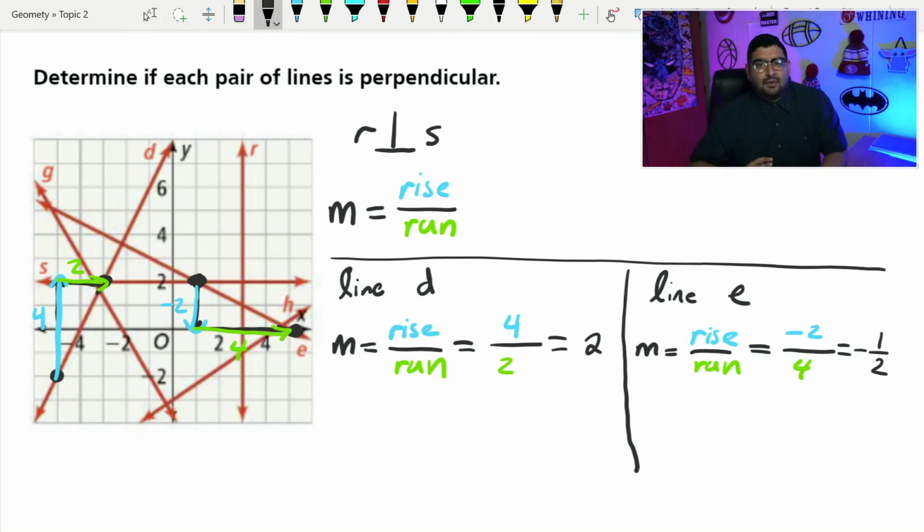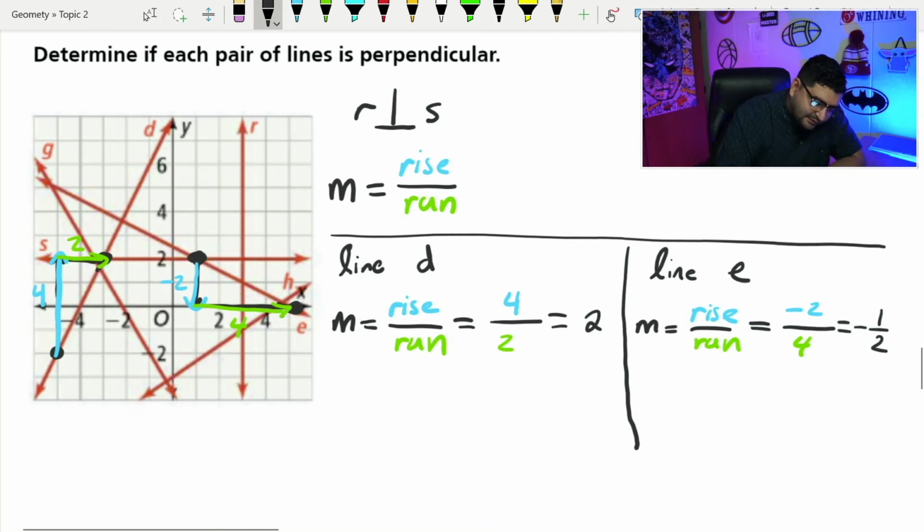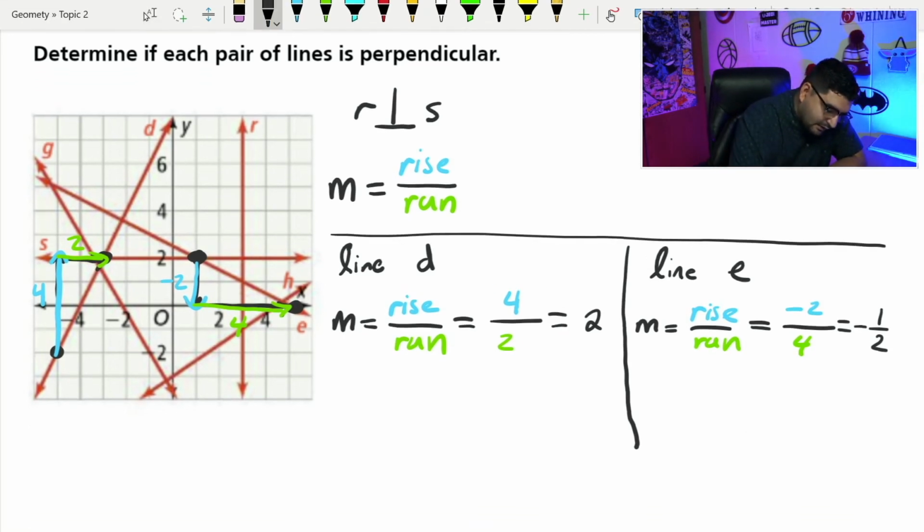So here's the next step that we have to do for perpendicular lines that's different from parallel lines. For parallel lines, to prove that lines are parallel, I just have to show that they have the exact same slope. For perpendicular lines, I have to multiply these 2 slopes to each other and show that it equals -1. So the slope of line D is 2 times the slope of line E, which is -1/2.